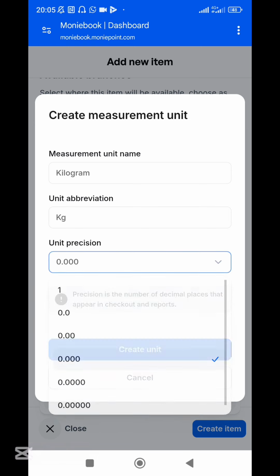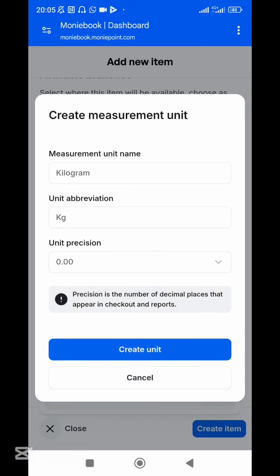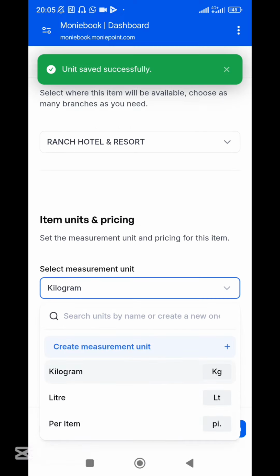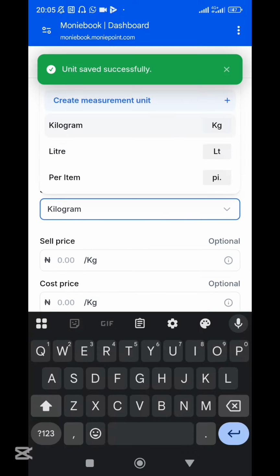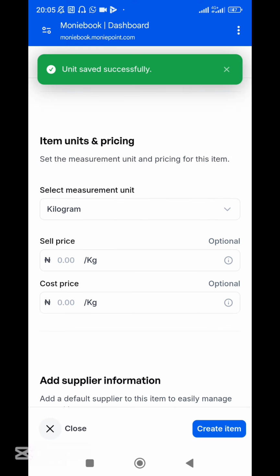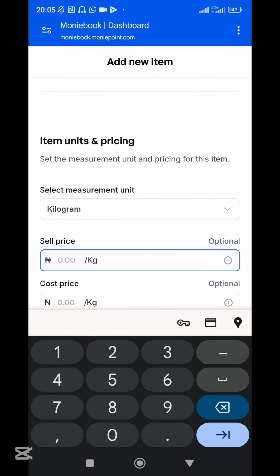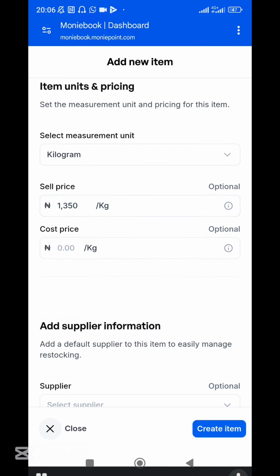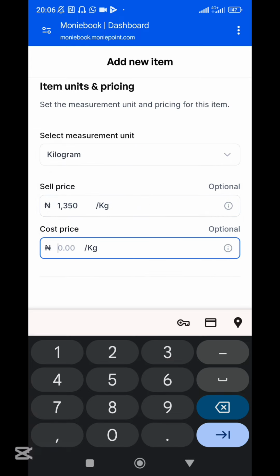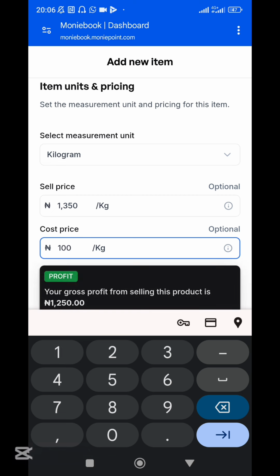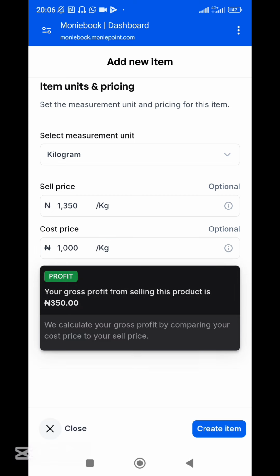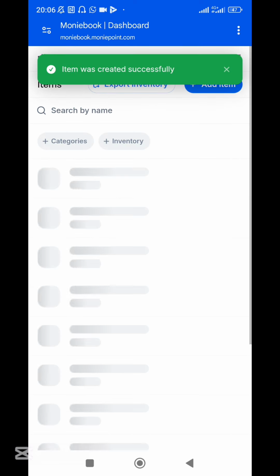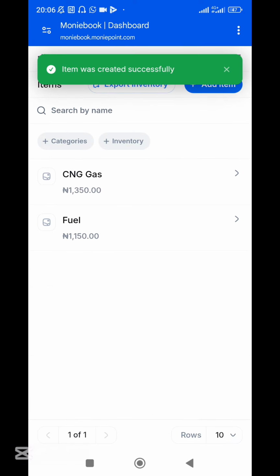Let's go for 0.00 decimal points. Let's create this. Now for the CNG gas, let's say currently 1 kg is sold at 1,350, and let's assume that the cost price of the CNG is 1,000 naira, so that the profit will become 350. Let's create this. All these things are optional. So we have this for the CNG gas.